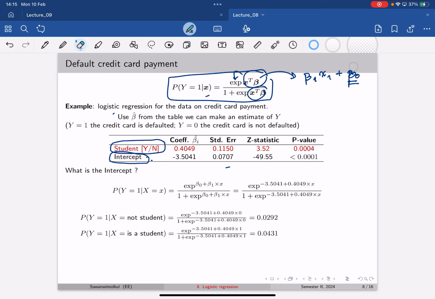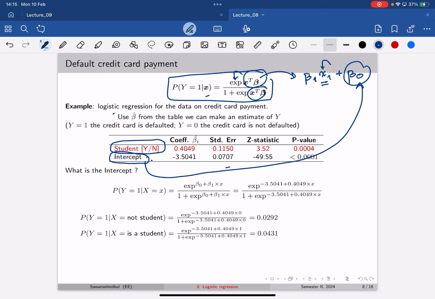It's like a DC component, or a bias value. The intercept is a value that does not depend on x, but on overall, are you likely to default this credit card, or are you likely to not default this credit card? That is the value for beta 0.